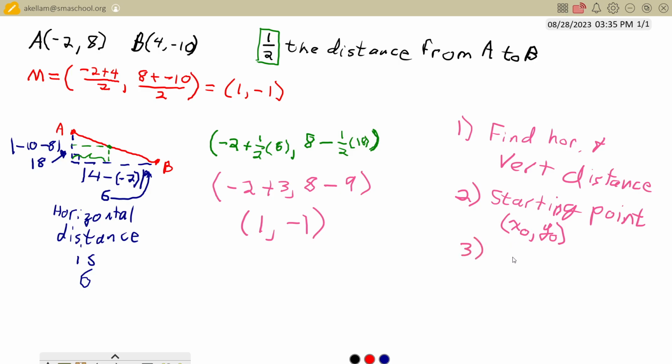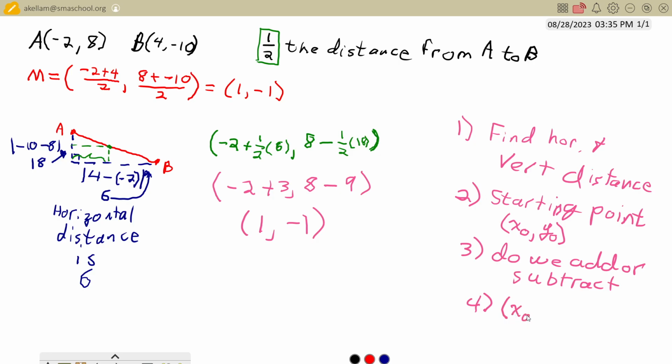3. Do we add or subtract? And 4, put everything from 1 through 3 together with that fraction. So, I will put it this way, and it's the formula that I wrote down in class.